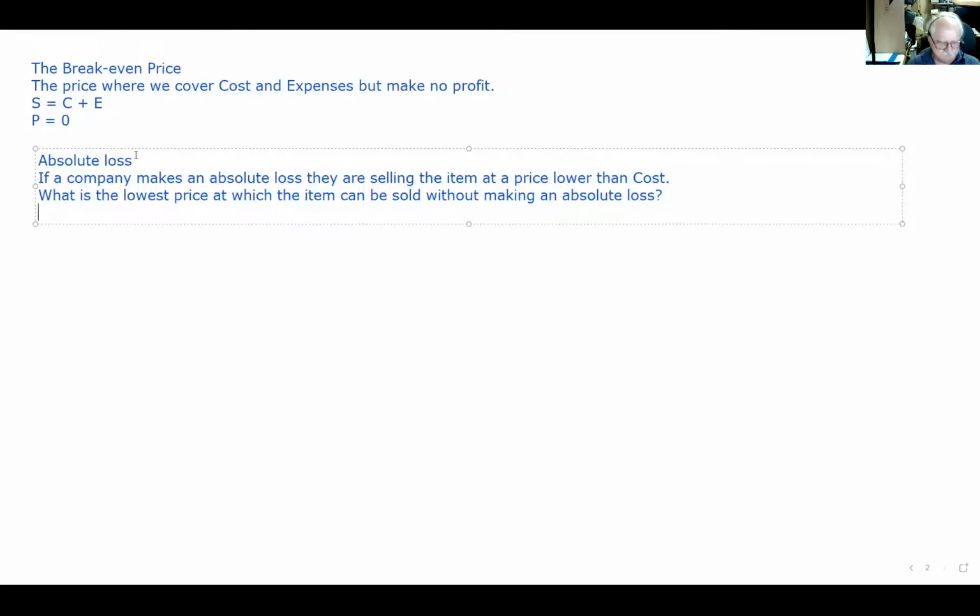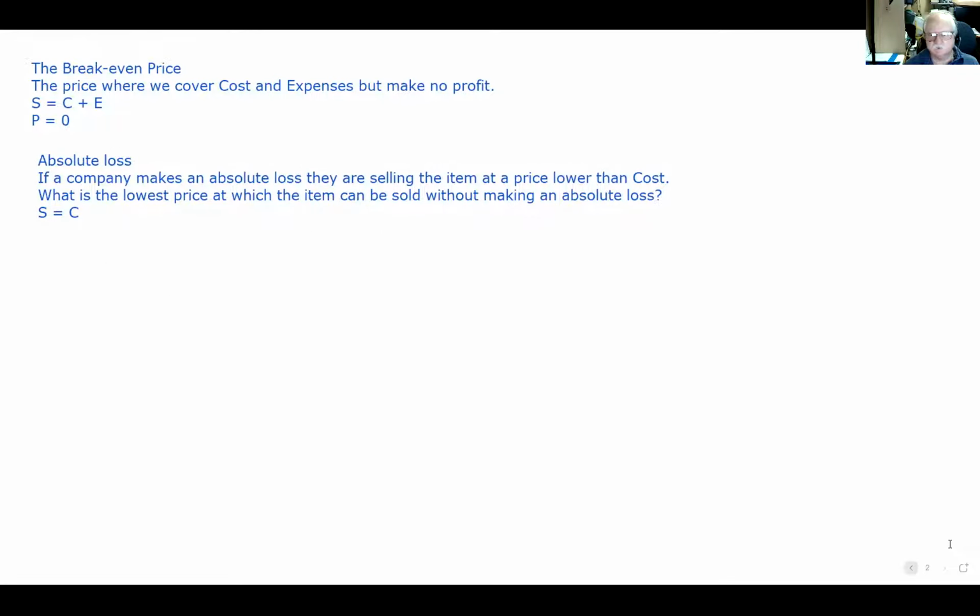And in this case, the selling price is just equal to cost. In other words, we're not making any profit and we're not covering our expenses. The lowest price we can sell without making an absolute loss is the selling price is equal to cost.